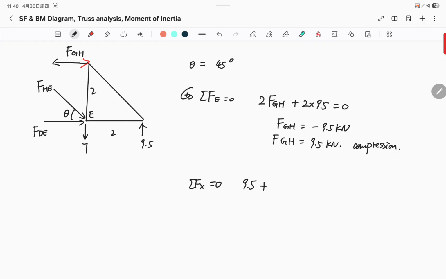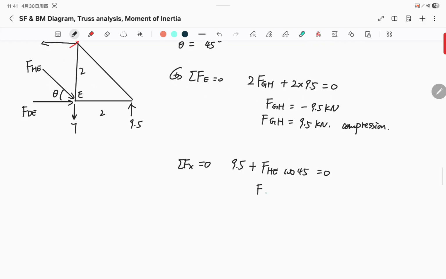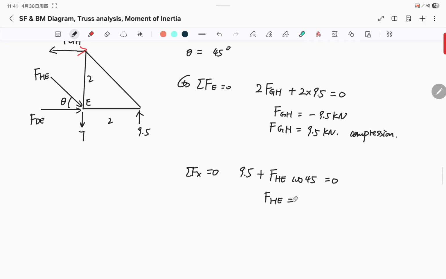Plus, actually, because according to this diagram, our HE is also to the right: FHE cosine theta. Hold on, we also have, my bad, didn't see that, plus FDE.